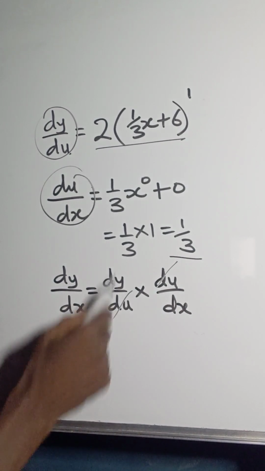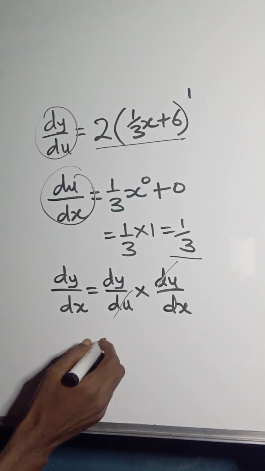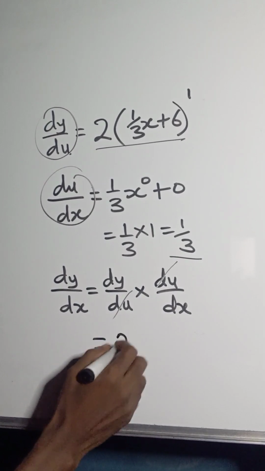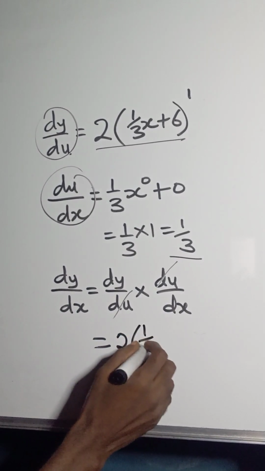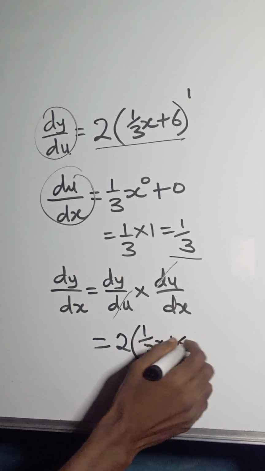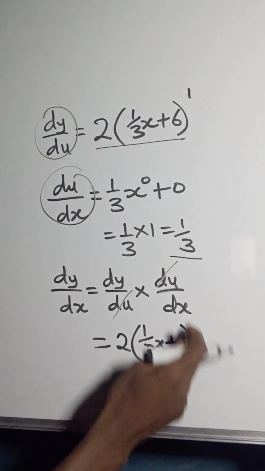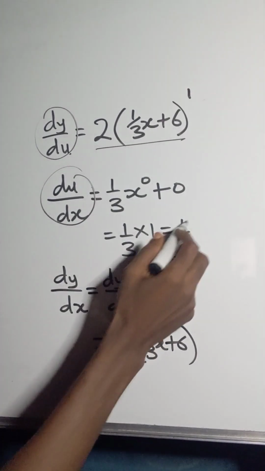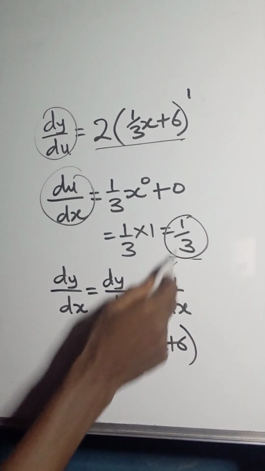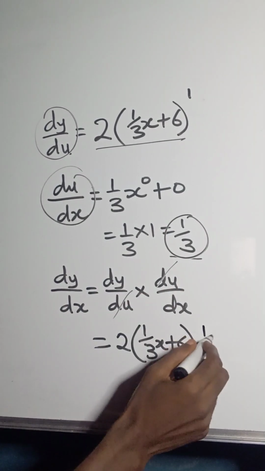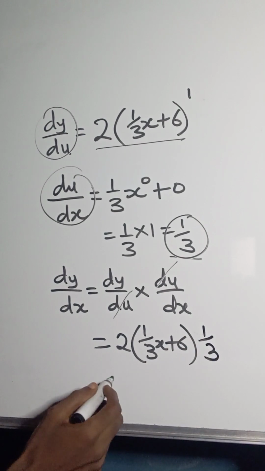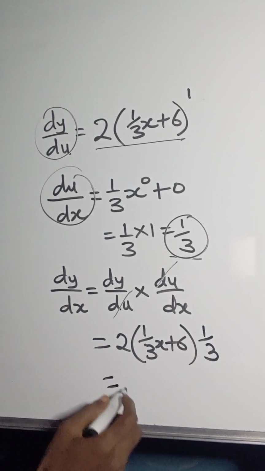So we already have this as this, so it's going to be 2 multiplied by (1/3 x plus 6) in brackets raised to the power 1. We may not put it. Times what we have here, because this is du over dx, times 1/3. So this will give us this times this.